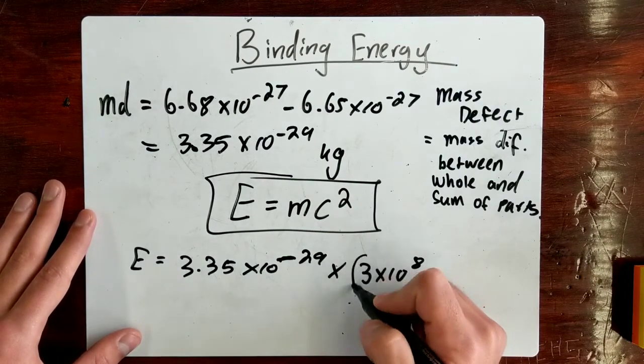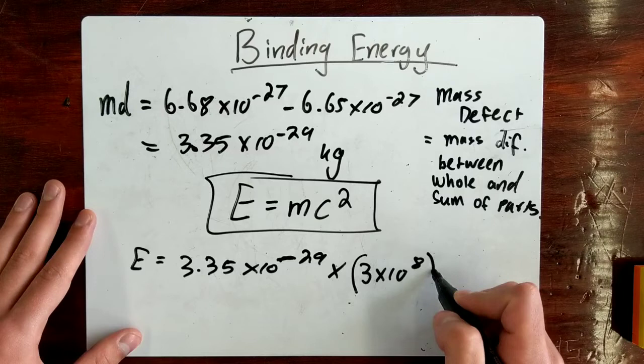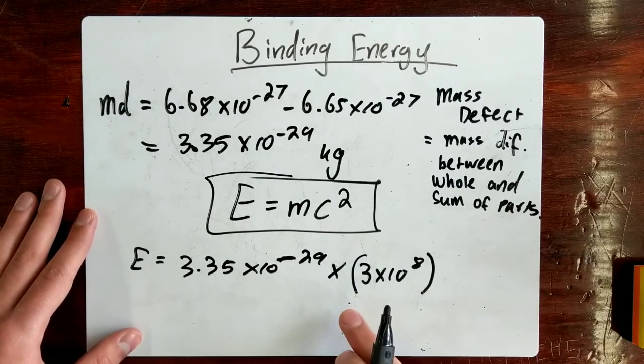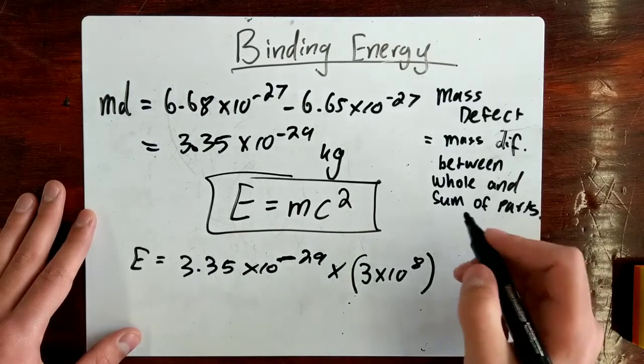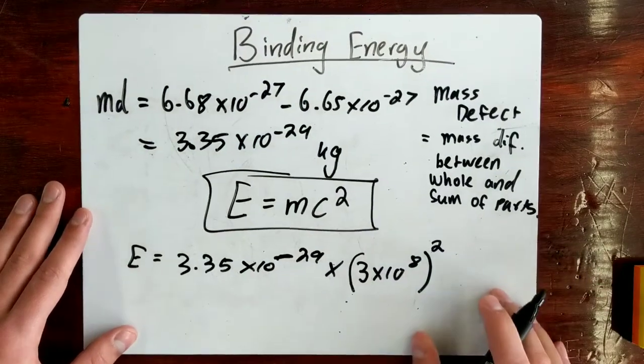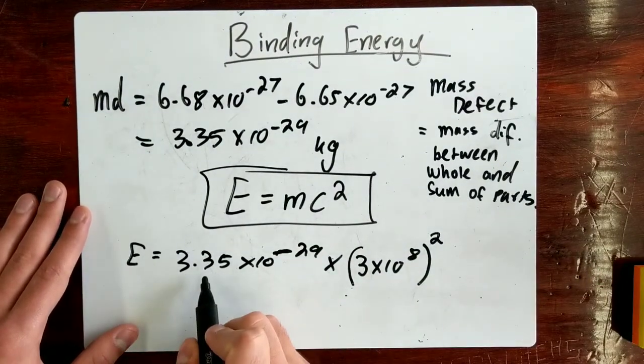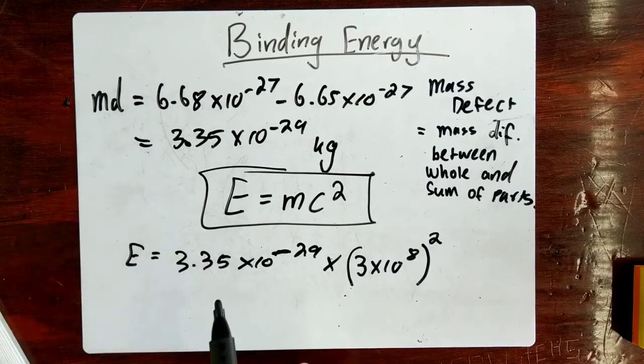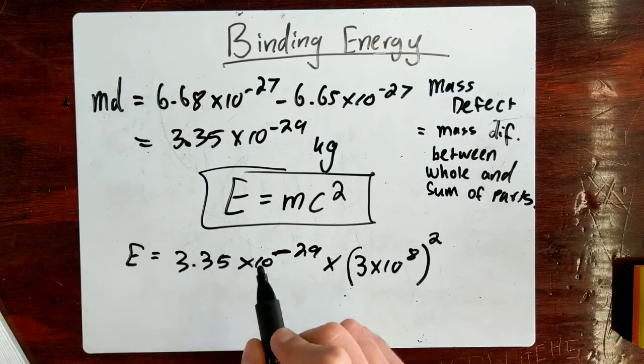So c squared, just be careful when you put this into your calculator because you need to square this whole thing. So the best way to do that is to put brackets around your 3 by 10 to the 8 and square it. Now, here I have the units here, 3.35 by 10 to the negative 29, that's mass. So units are kilograms.